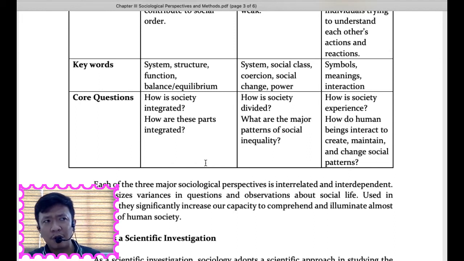Kapag naman conflict, what are the social divides in society? Okay? Ano yung mga social cleavages sa lipunan? And ano yung mga iba't ibang patterns of social inequality? Like for example, gender inequality. Okay? So kapag inequality pa lamang ang tinitignan, talagang i-expect mo na may pagka-conflict na yung perspective.